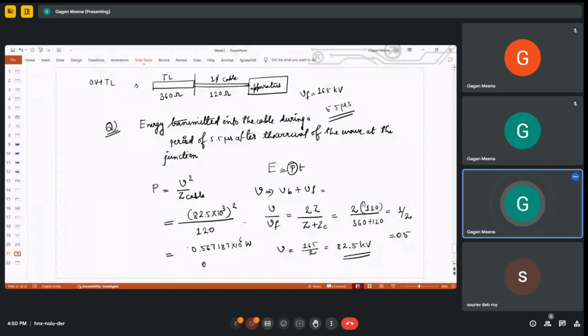Yeah, so it is correct. 0.567 megawatts. So what will be energy? Energy will be power into time. It will be multiplied by 5.5 microsecond. It comes out to be 2.5.